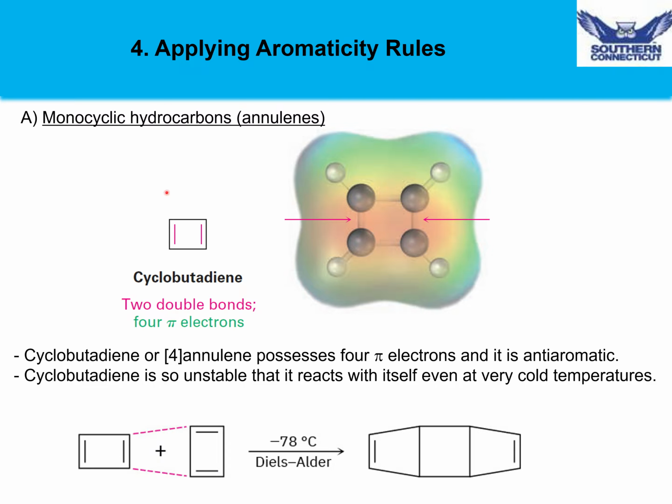We're now going to apply the aromaticity rules to determine whether compounds, based on their structures, will be aromatic, anti-aromatic, or non-aromatic. We'll start with the monocyclic hydrocarbons, which are often called annulenes. The simplest example, or one of the simplest examples, is cyclobutadiene, which has the following structure. Notice it has 2 double bonds, and as a result, it has 4 pi electrons.